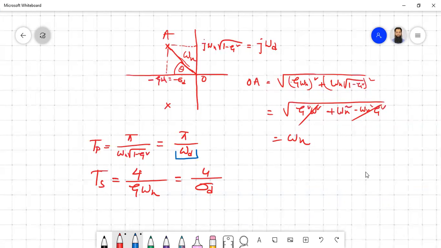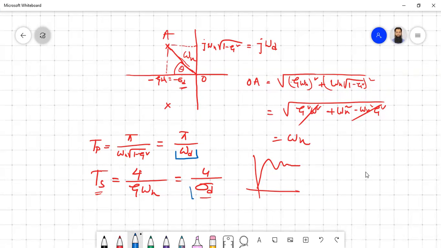So how much time it will take to settle within plus minus 2%, that is defined by your sigma value. If the sigma value is higher, the time taken will be smaller. If the sigma value is lower, then the time taken for the signal to settle will be higher. So inversely proportional. This is how they are related.